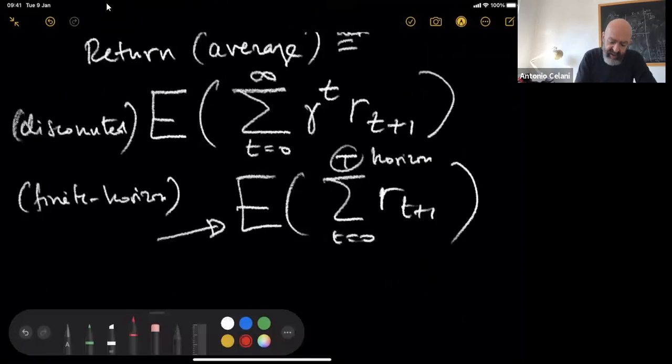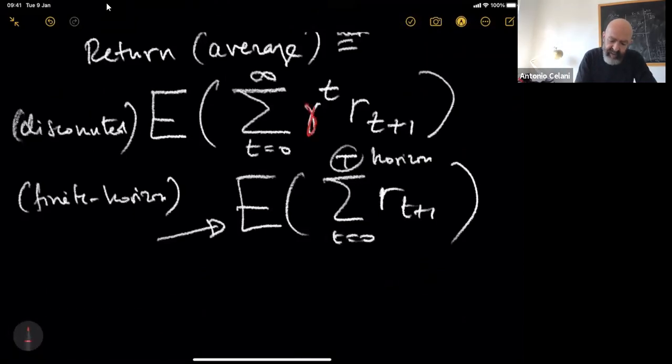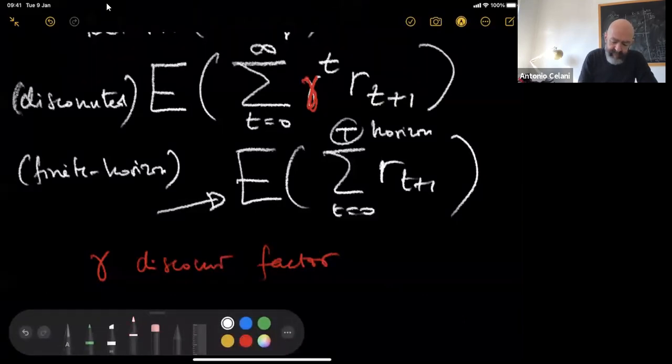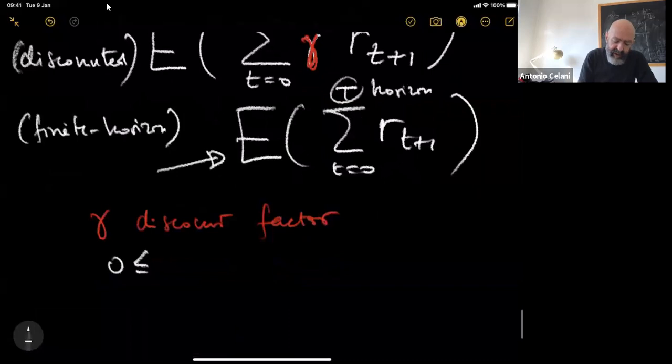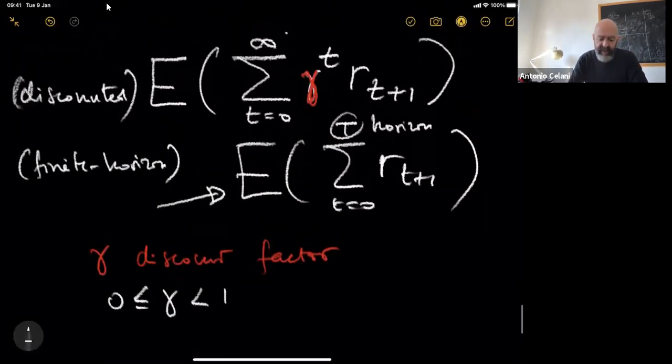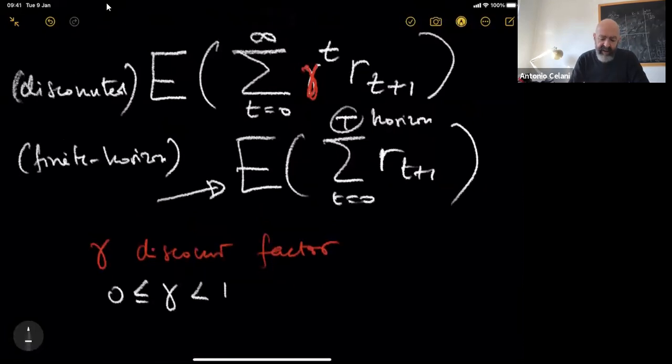This parameter here, gamma, is called the discount factor. It is typically comprised between 0 and 1, with equality under certain conditions, but now let me state it like this.